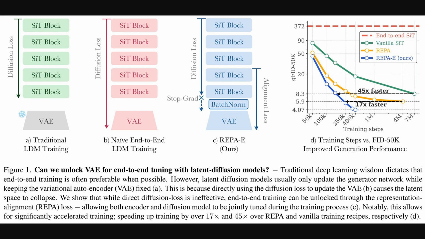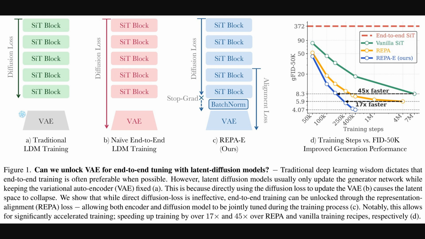So figure 1 here really helps visualize this. On the left, you see the traditional way. The VAE is frozen, and only the main diffusion model, here shown as SIT blocks, gets updated by the diffusion loss. Then there's the naive approach, where you try to update both with the diffusion loss, which, well, doesn't work well. And then we have REPA-E, their method.